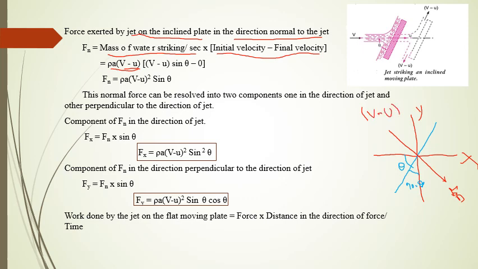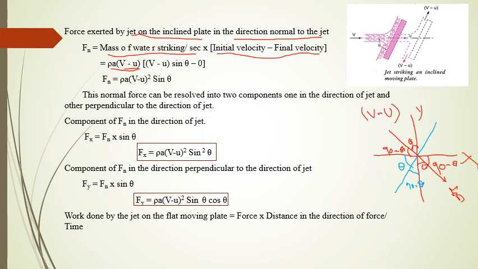Okay, V minus U is the initial velocity, and here the angle is 90 minus theta. Remember this angle is 90 minus theta, and this angle is theta.